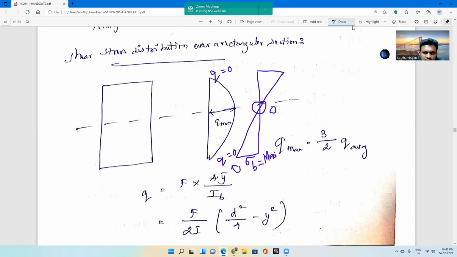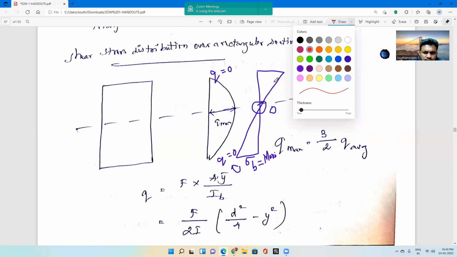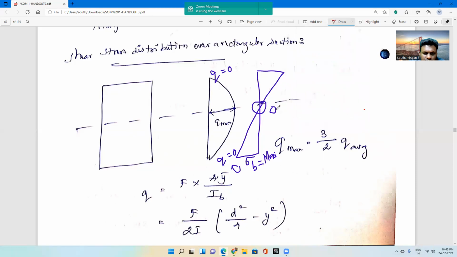On this location, the bending stress variation will be maximum. So they are inversely related. If the bending stress value reaches its maximum level, the shear stress value tends to a minimum level.